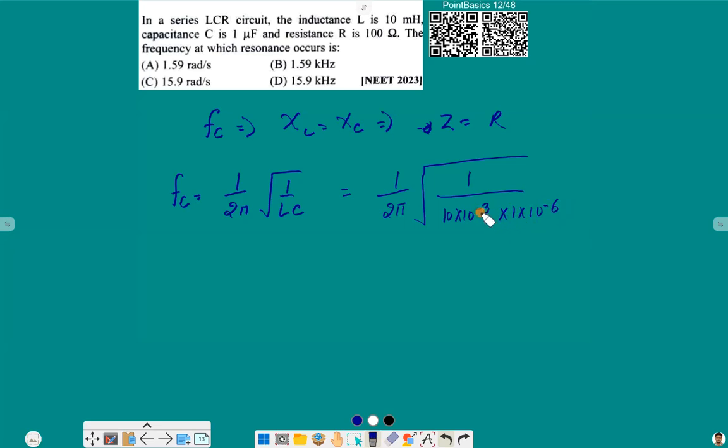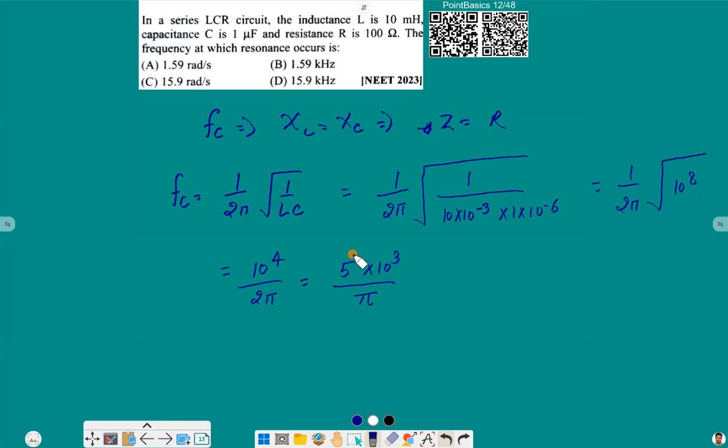So this will be 10 raised to power minus 8, under root 10 raised to power 8. So that will be 10 raised to power 4 by 2 pi, or 5 into 10 raised to power 3 by pi.